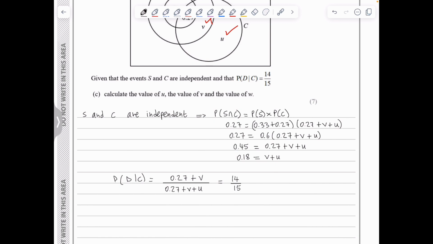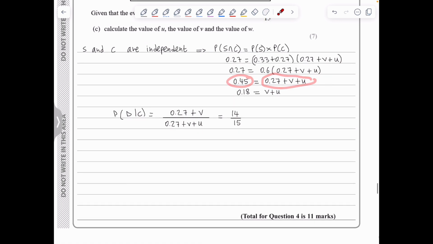Now notice that the denominator is exactly what I had here, the 0.45, which means I can now write that (0.27 plus V) over 0.45 is equal to 14/15.